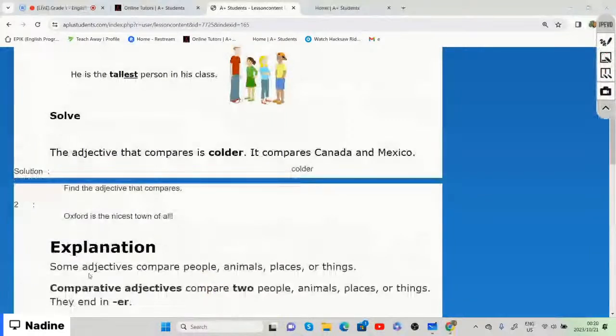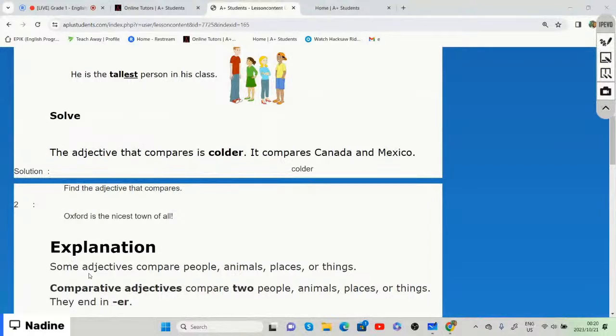Another sentence: we need to find the adjectives that compare. Oxford is the nicest town of all.